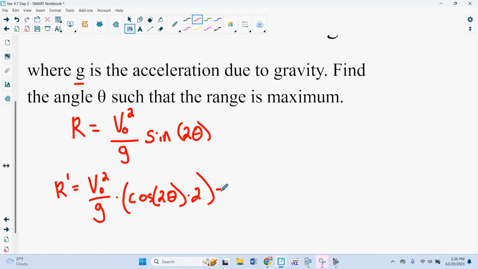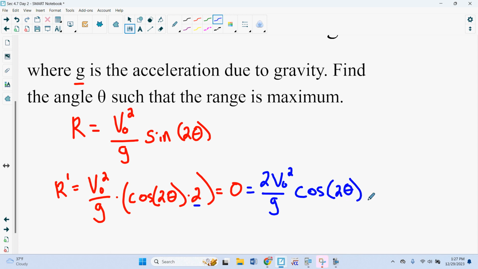Now, we want to determine where that's 0. Now, this 2 doesn't really affect that. This is really just 2 times v sub 0 squared over g, cosine of 2 theta. So, where is that equal to 0? Which really means where is cosine equal to 0?